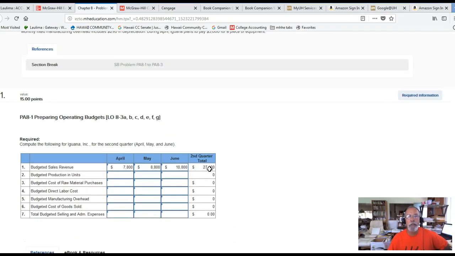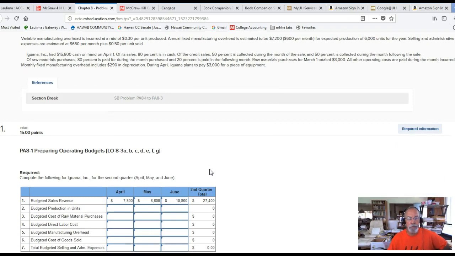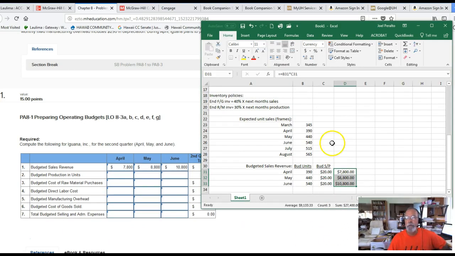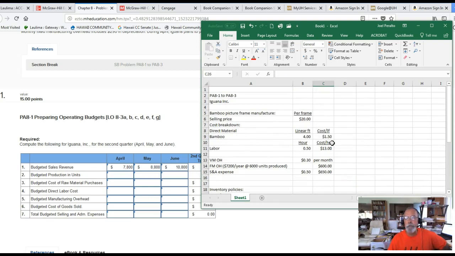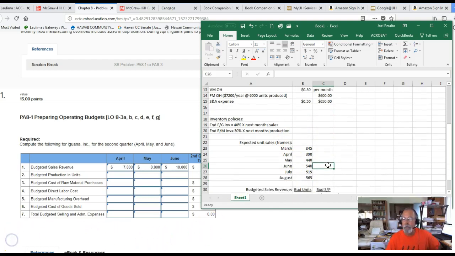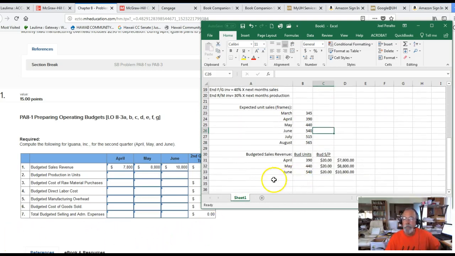Okay, let's see, next item, budgeted production in units. Our inventory policy: ending finished goods inventory is 40% of next month's sales.